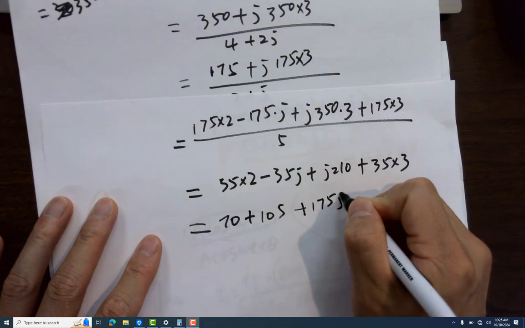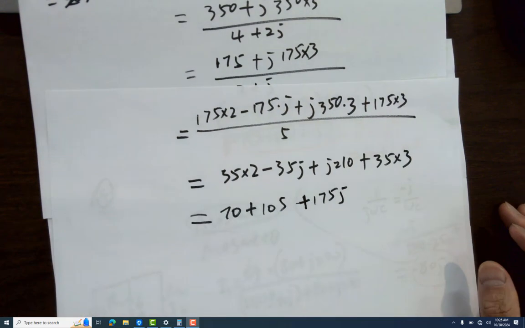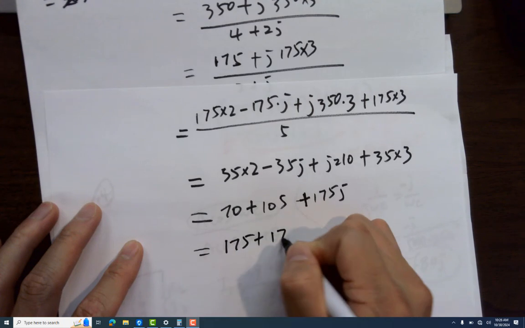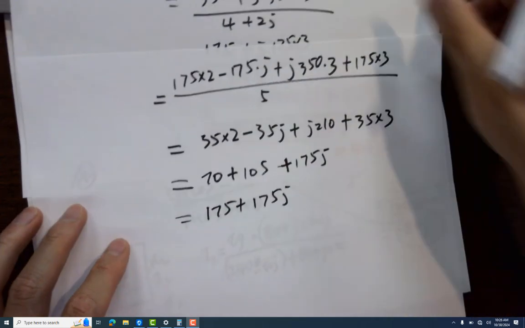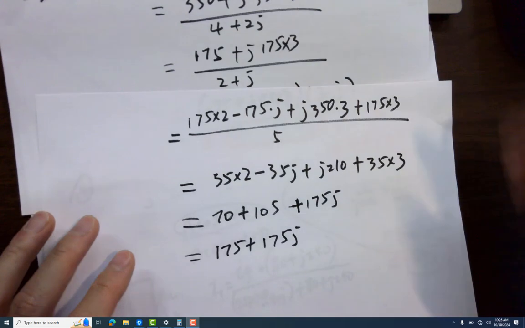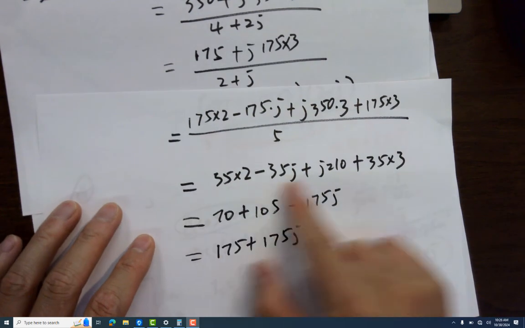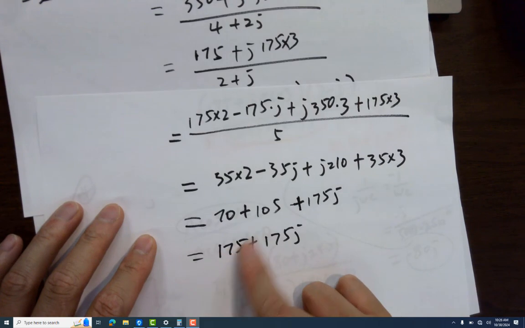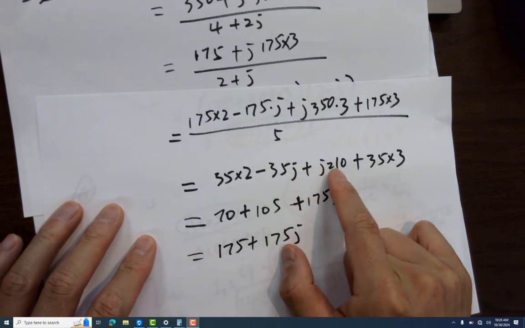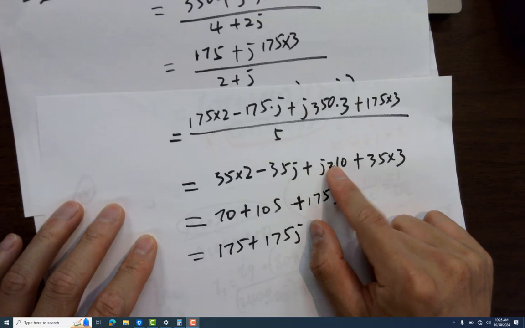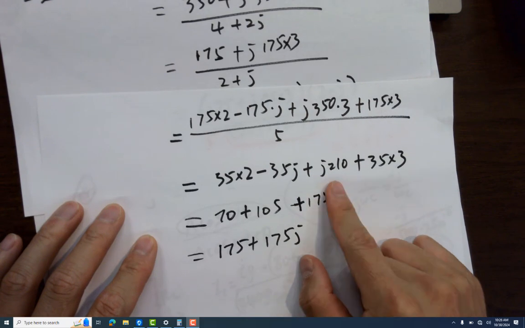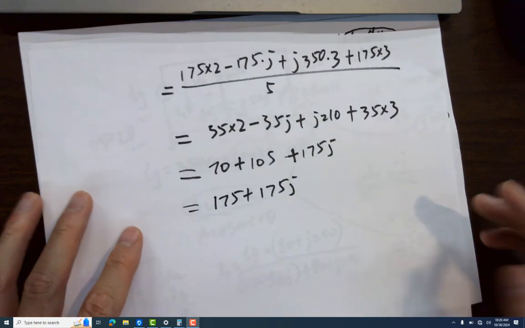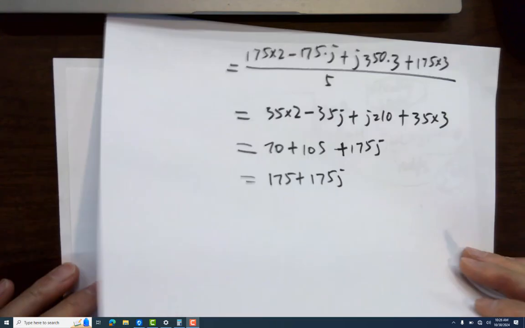Is this correct? Very likely there are some errors. I just calculated in my mind. 70, 105, 175, 25 left, 175J. You just assume this is correct, okay?